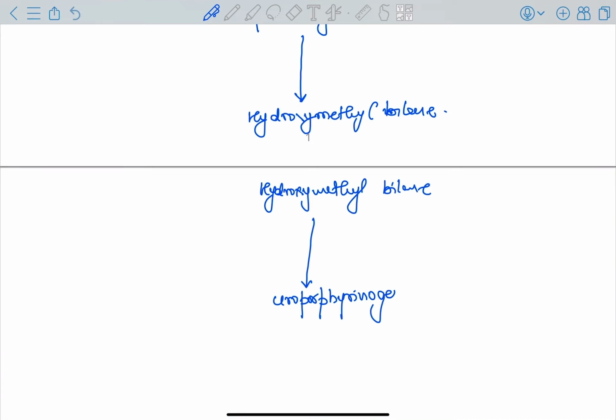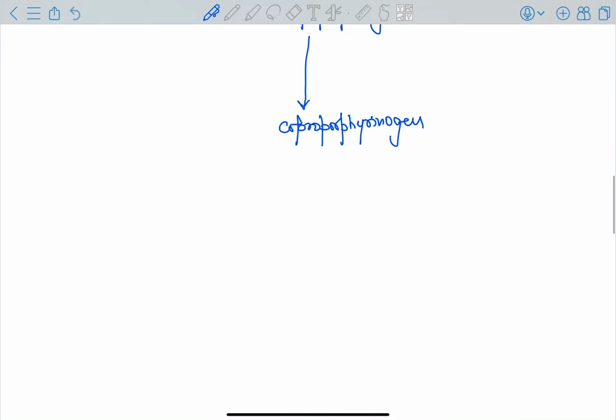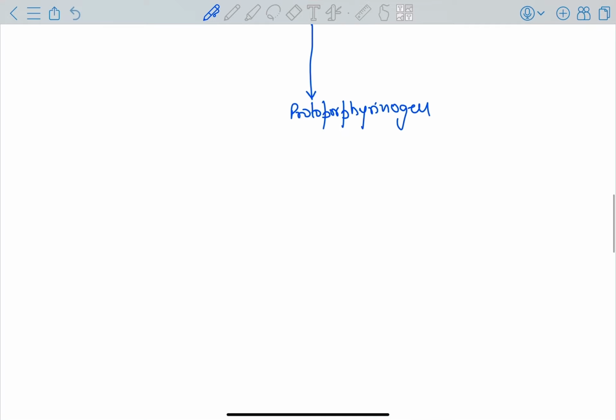Uroporphyrinogen is converted to coproporphyrinogen, then to protoporphyrinogen, then to protoporphyrin, and then Fe+2 is incorporated into protoporphyrin with the help of ferrochelatase to form heme.